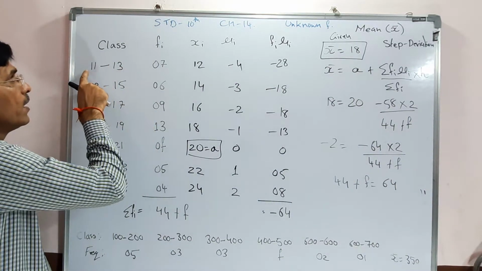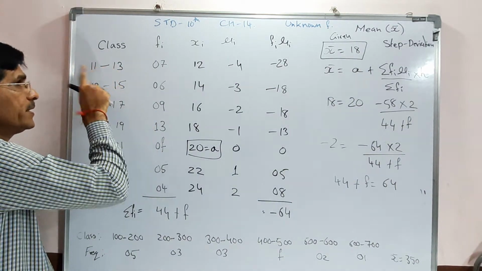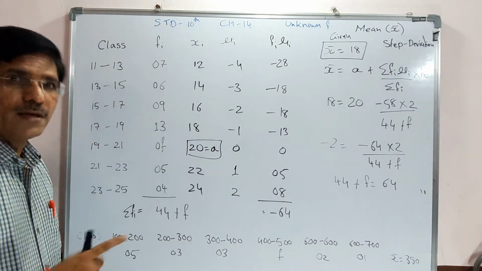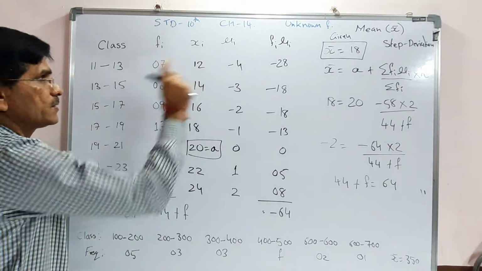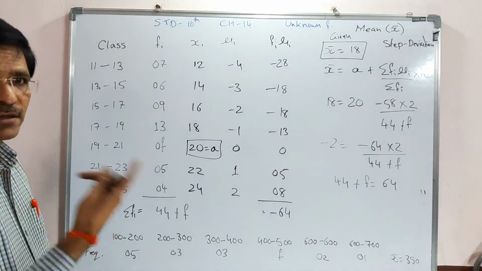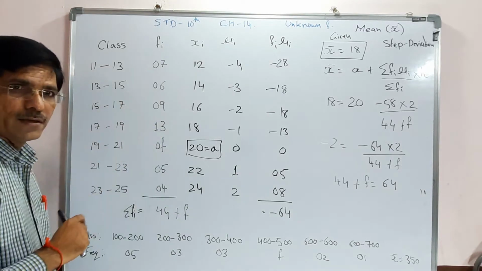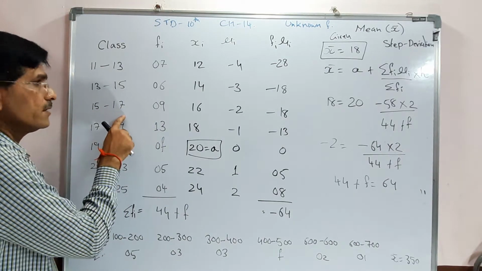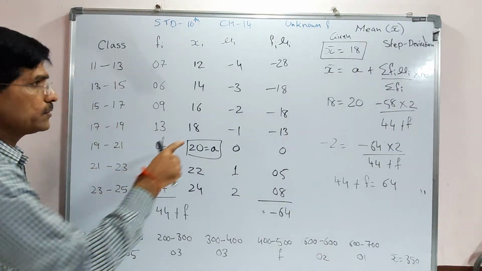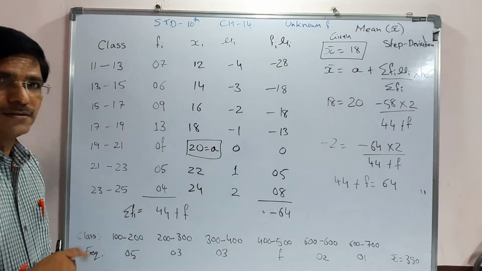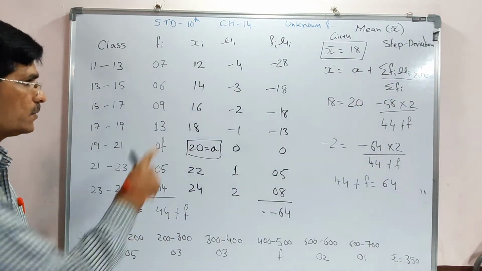Take the sum of the upper limit and lower limit. 11 plus 13 divided by 2, that is 12. 13 plus 15, that is 28, divided by 2, that is 14. 15 plus 17, 32 divided by 2, 16. 17 plus 19, 36 divided by 2, 18.